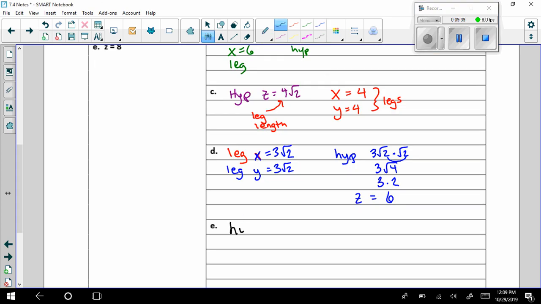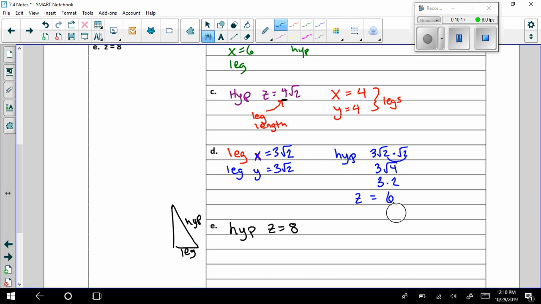Okay, and last one, it gives you the hypotenuse z equals 8. Okay. Well, to get from having your hypotenuse to having a leg, we have to work backwards. All right, up here, the leg length could be seen right in front of that square root 2. Here we don't see that square root 2, which means it was something like this where it canceled out. So we're essentially moving from here up so that we can get that leg length.